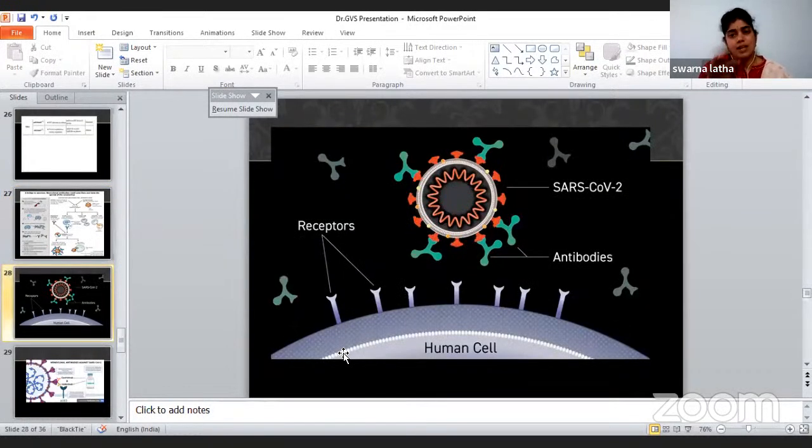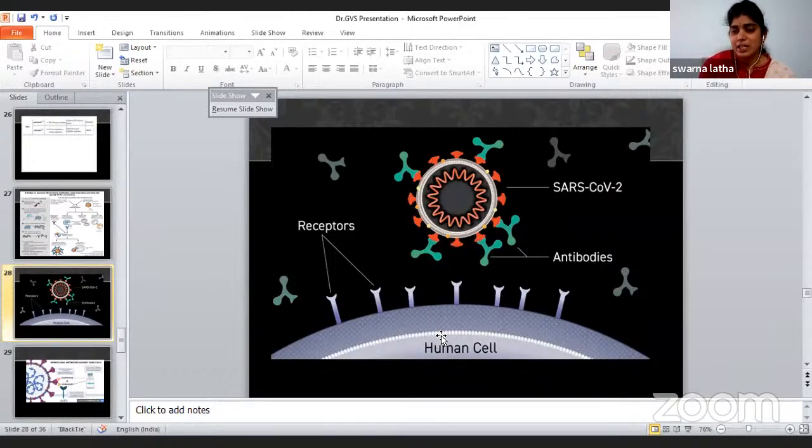So here, this is the SARS-CoV-2 structure. Mostly the monoclonal antibodies are being produced against the spike. Okay, to this particular spike the antibodies are produced, and then these antibodies go and bind to these spike regions. Okay, so whenever the SARS-CoV-2 virus is bound by these monoclonal antibodies, it will lose the capacity to enter into the human cell.